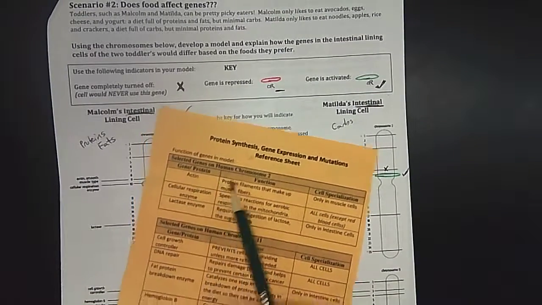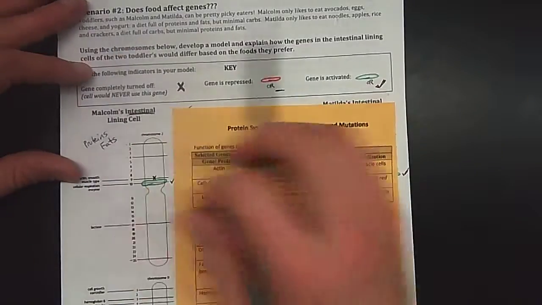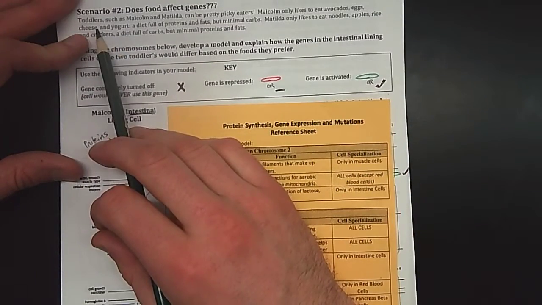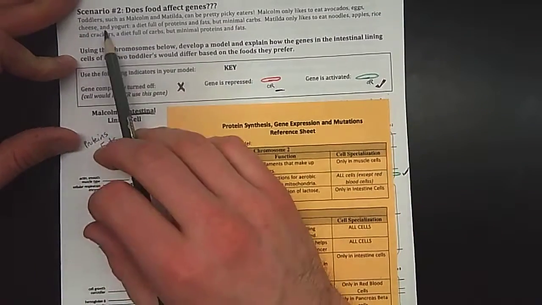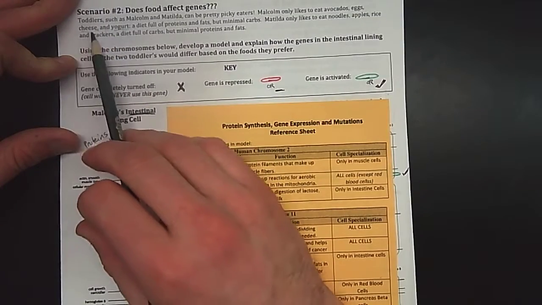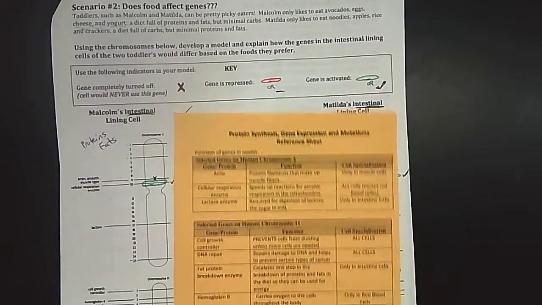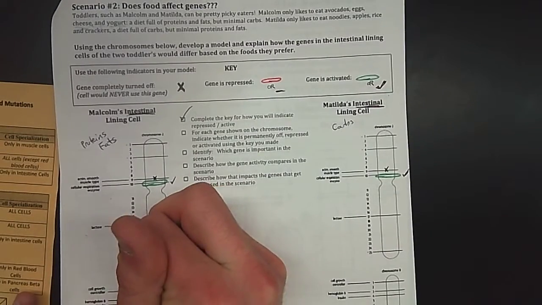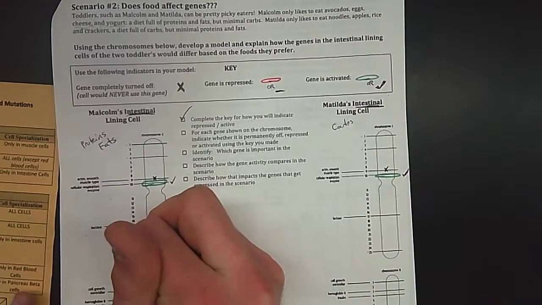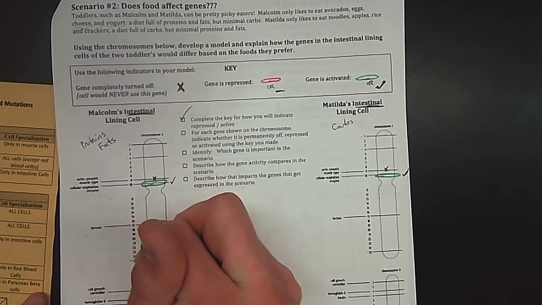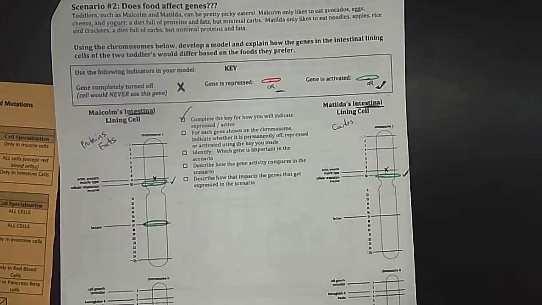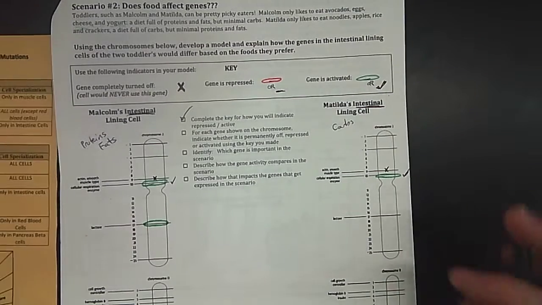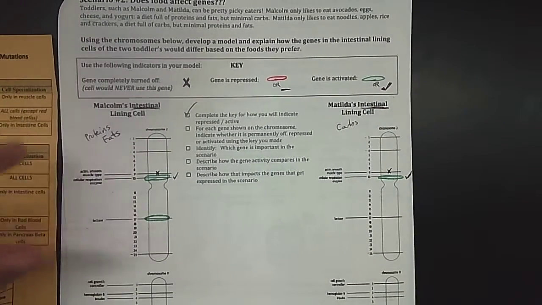Oh, actually, even though he's eating a diet high in proteins and fats, he's eating plenty of yogurt and cheese, and that's going to be a dairy product, so there's going to be plenty of lactose there for him. So we're going to say that, yes, Malcolm is making this in order to digest that yogurt and milk.